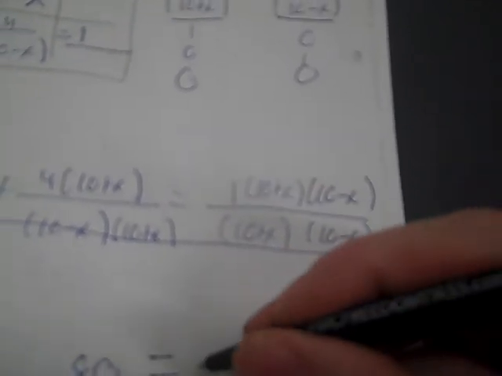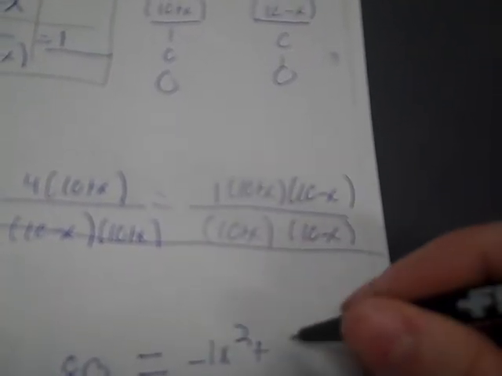Now use your Math Papa. Okay. This side is going to give you 80 from Math Papa. This side is going to give you negative x squared, which means you put a 1 in front of the x squared, plus 100. Don't ask me how I do that in my head. Okay, you need to use Math Papa. Okay.